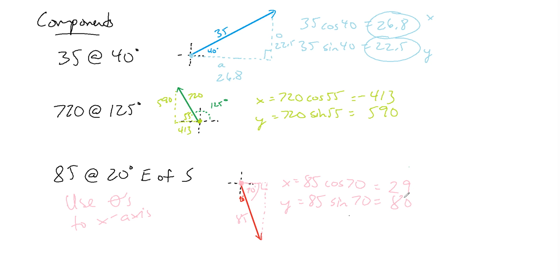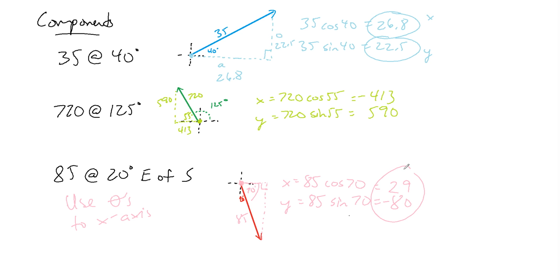Now I look at my picture. It's going to the right, so my x component should be positive, so 29 is fine. It's going down though, so my y component shouldn't be 80, it should be negative 80. So I'm going to put the little negative in front of the 80, and then we're all good to go. Sometimes you might switch these values around. If you have them reversed, that's what happens if you use the 20 instead of the 70. So sometimes when you get your values at the end, you just have to look at it.